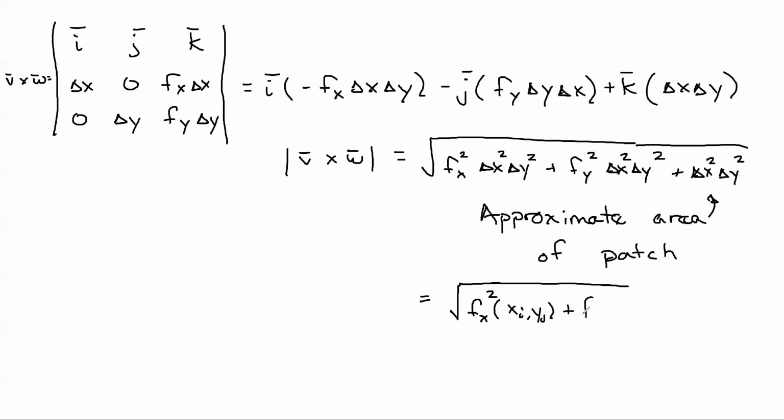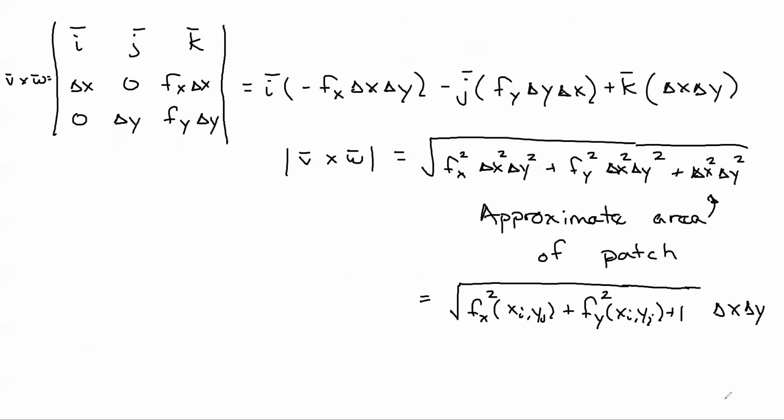The partial with respect to y is at x sub i, y sub j. Plus 1. So if we factored this out, we'd only have a 1 left there. And then we'd have change in x, change in y. And so that's what we get for a single patch, right?